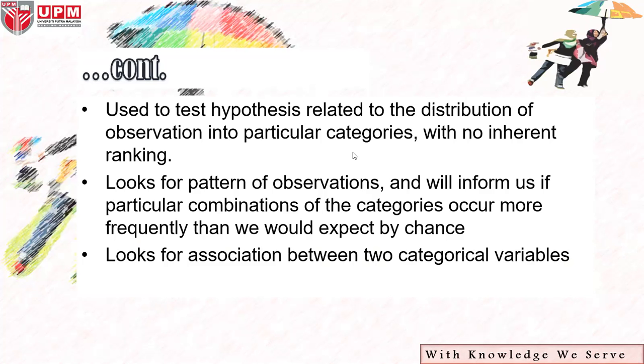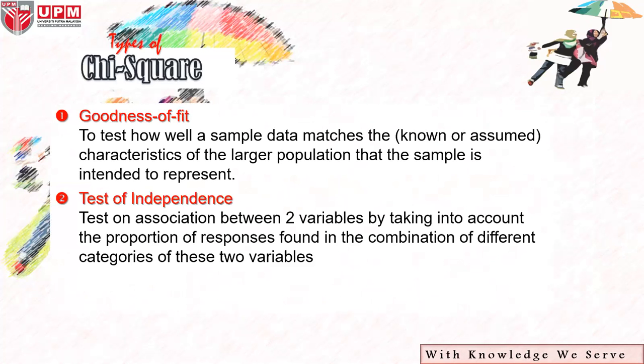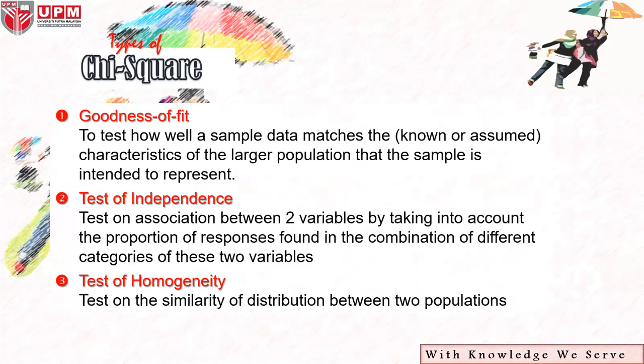So for the types of chi-square, we have 3 types. The first one is chi-square goodness of fit, where the intention is to test how well a sample of data matches the known or assumed characteristics of the larger population that the sample is intended to represent.